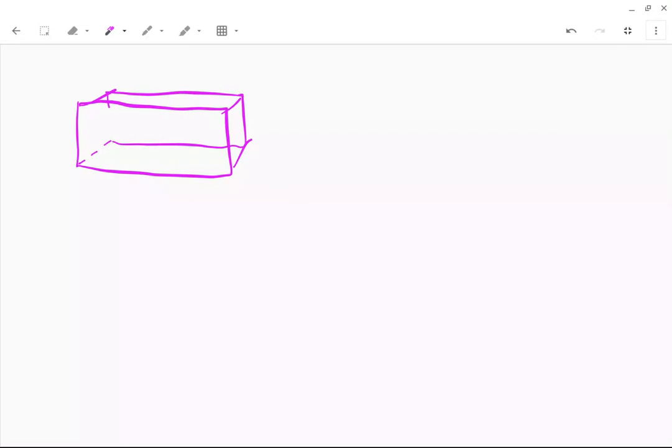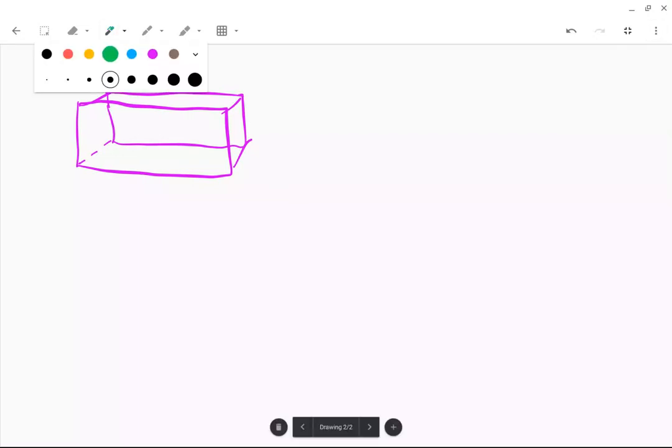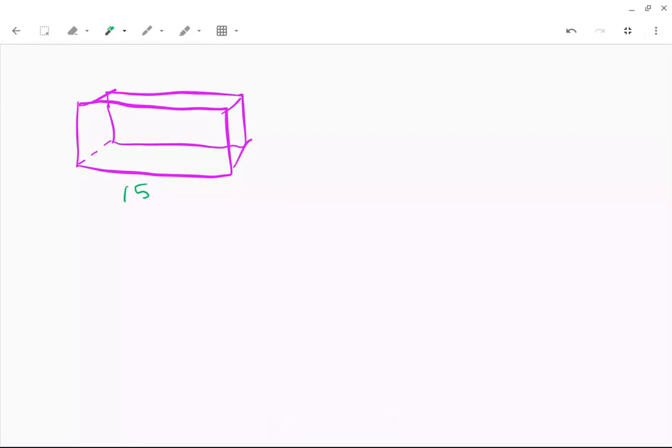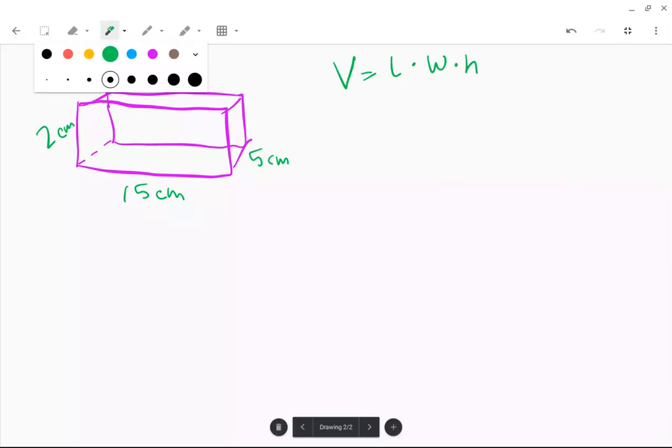So if I have another rectangular prism, and let's just say we have, let's do 15 centimeters as the length, and the width, let's do 5 centimeters, and the height, let's do 2 centimeters. So again, we have our formula, volume, or V, is equal to length times width times height.